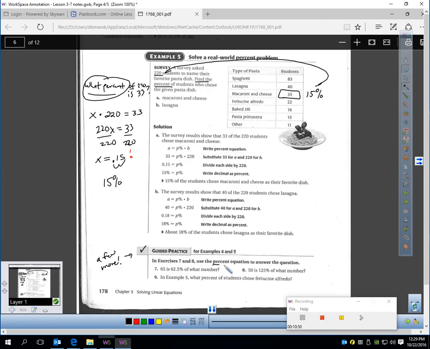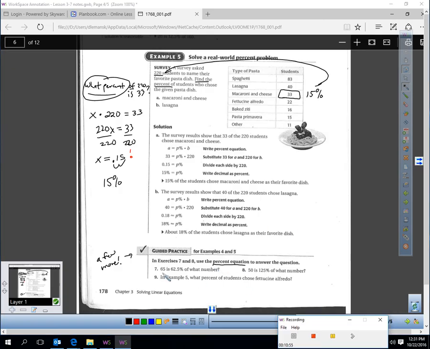Let's do a couple more percent equations just to make sure we got it down, or at least one or two more. Let's try this number 7. 65 is means equals 62.5%. Now remember, I can't write it that way. I got to change it to a decimal, so let me move my decimal to the left. So 65 is equals 0.625 of means times what number?